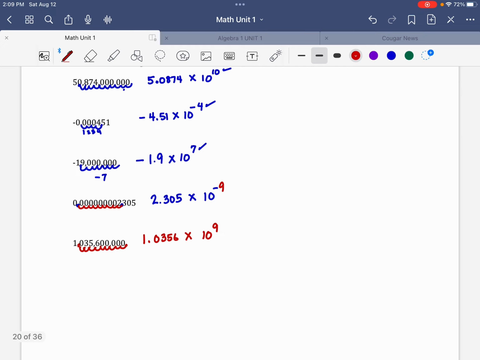At this point, you should be getting your homework to try for tomorrow. The first 15 questions are all writing numbers in scientific notation. Be careful that you make the negative exponent if it's a really small number, or a positive exponent if it's a really large number. And also be sure that if the number starts out negative, you don't lose that negative sign, because that doesn't change.